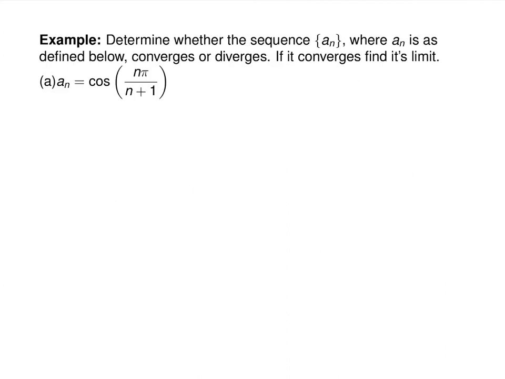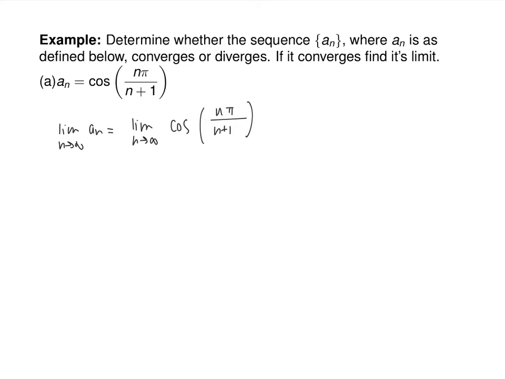Determine whether the sequence a_n, where a_n is as defined below, converges or diverges. If it converges, find its limit. All right, so we're going to use a similar idea here. The limit as n goes to infinity of a_n. So the limit as n goes to infinity of cosine of n pi over n plus 1.